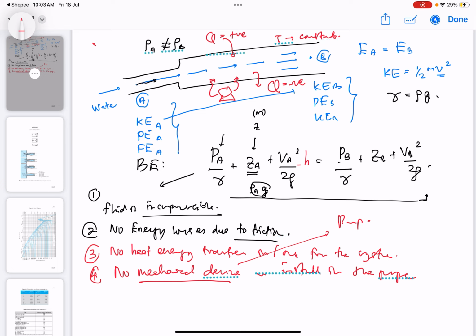Therefore, energy at point A won't equal energy at point B, because the pump has supplied additional energy. Therefore, energy at point A plus energy supplied by the pump should equal energy at point B. And again, here we just simply assume that there are no mechanical devices or pumps installed inside the pipe. So these are the 4 assumptions we have made in order to apply Bernoulli's equation.